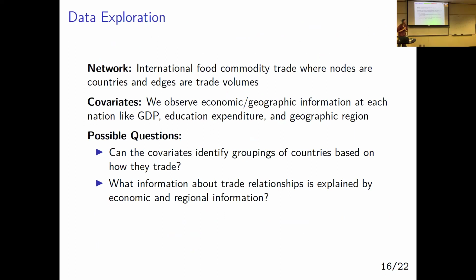Now we can take a look at that real data set that I mentioned before. Again, we're going to look at the international food trade, and we're going to measure at each country the GDP per capita, geographic region, birth rate, things like that.